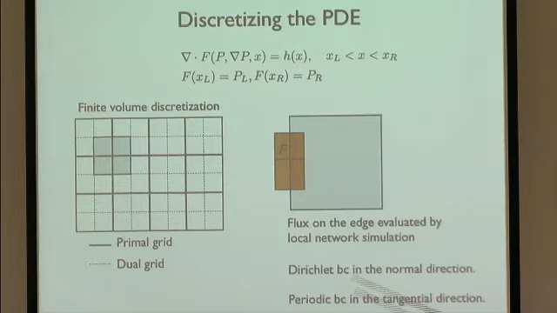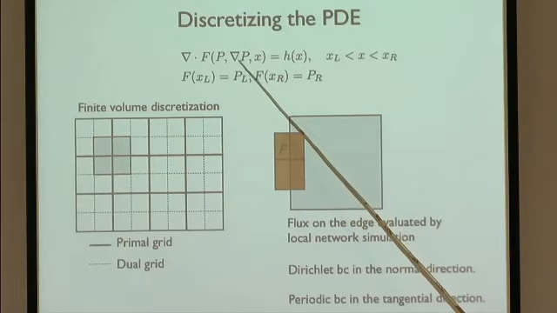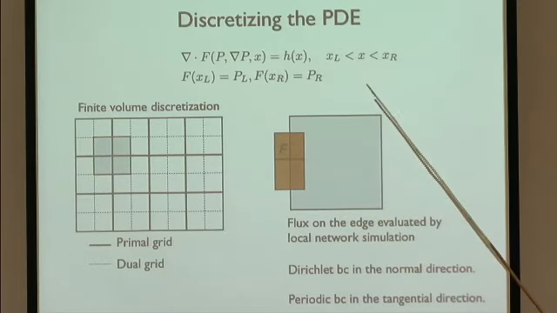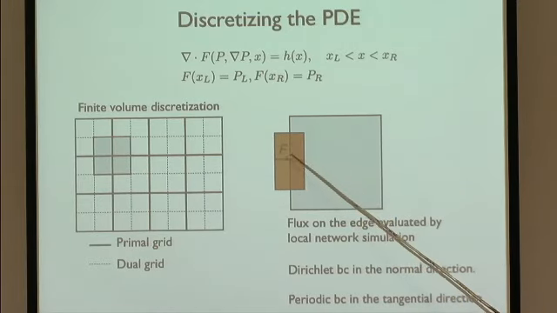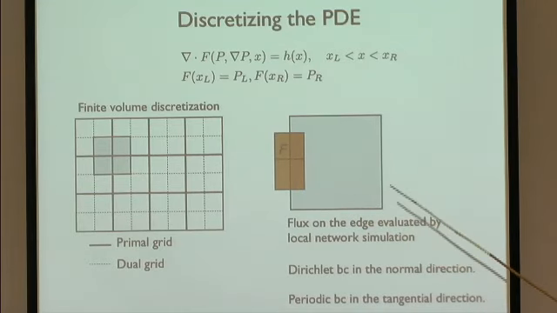So effectively, the plan is the following: given the continuum domain, we discretize it, and then we're going to discretize this equation by finite volume methods. And then we need to evaluate the fluxes needed by this finite volume method on the sides of your control volume.